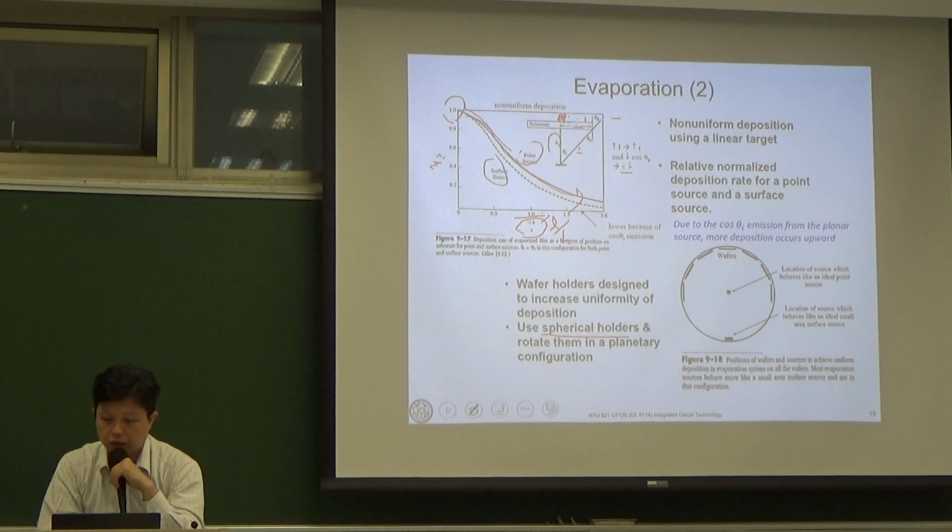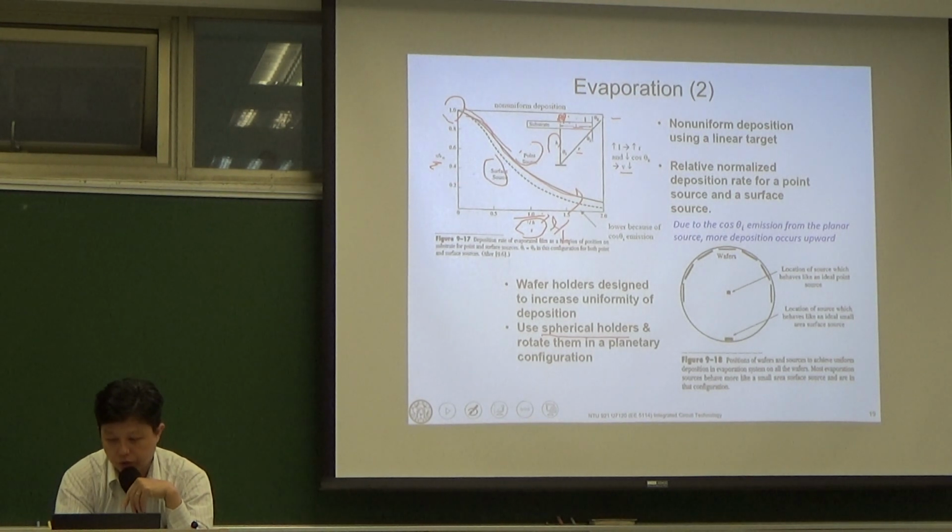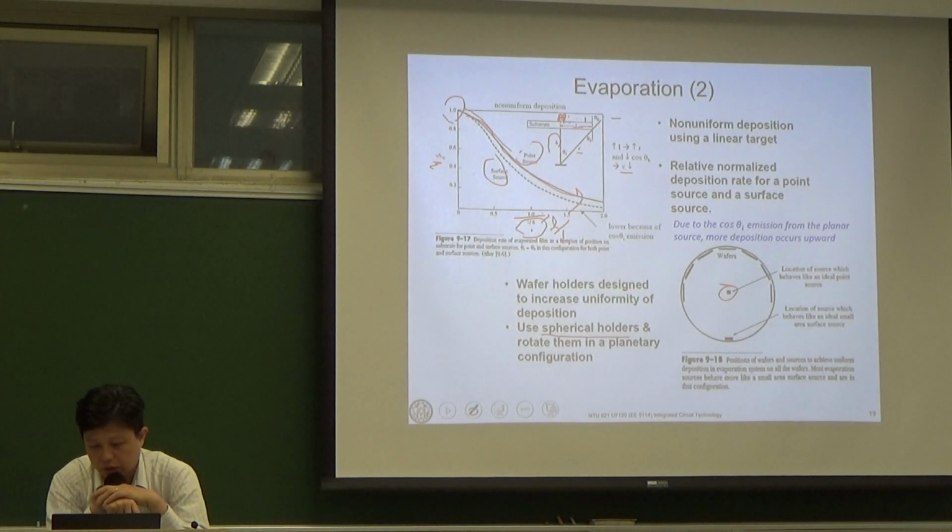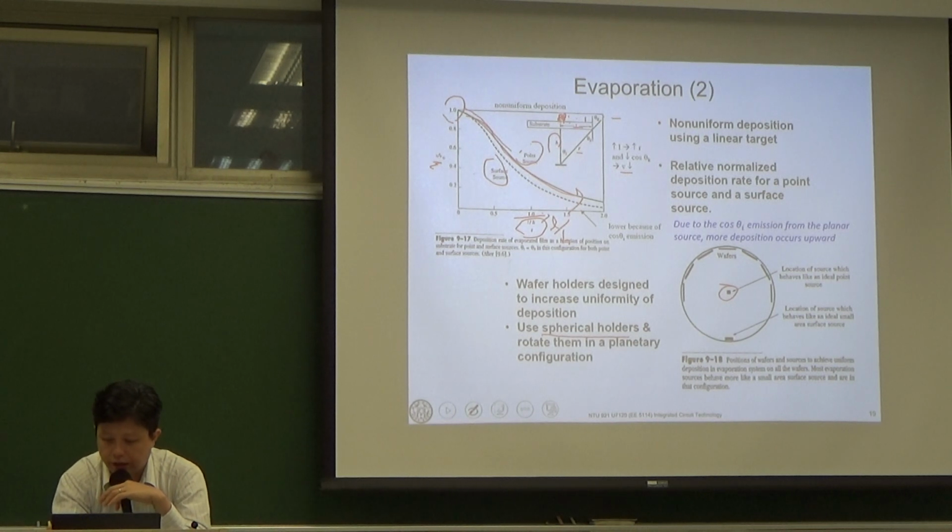So in this way, if we put our source at the center of this spherical holder, this is for the ideal point source. In this case, because this solid angle is so high, we can get uniform wafers.